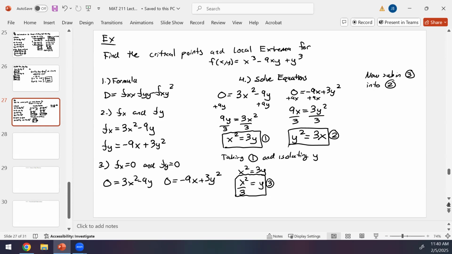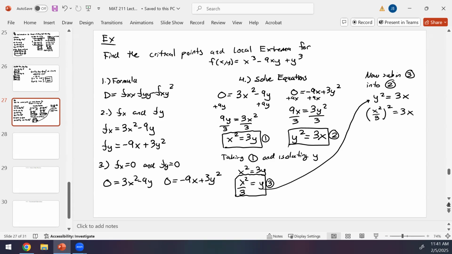Once you use an equation for substitution or anything like that, then you can't use it again for substitution because you've already used it up. So got to go to the next equation. So I used 1 already, got to use 2. So y squared equals 3x. And then basically I'm going to take this, plug it into here, and then I get x squared over 3 squared equals 3x.